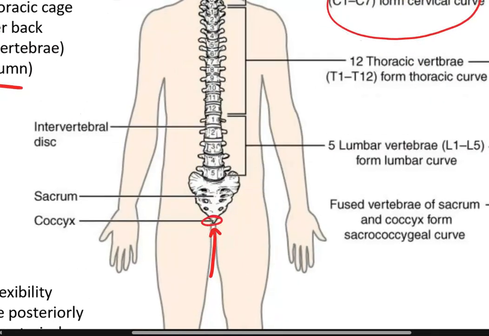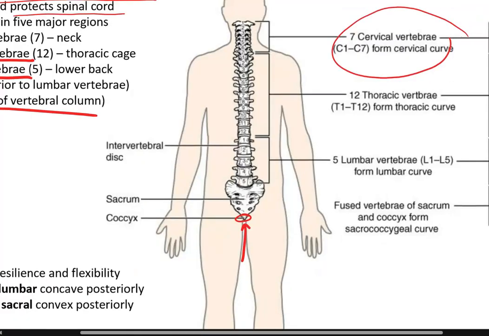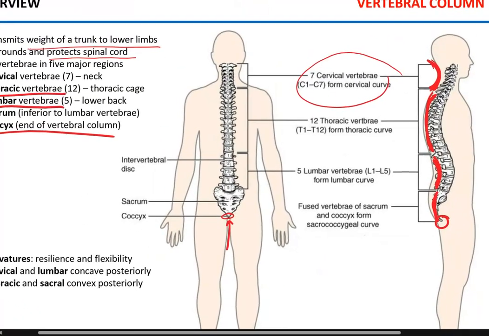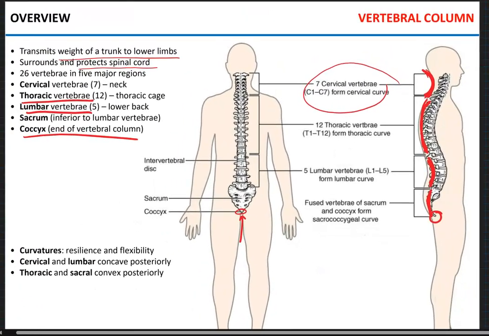The tailbone. Now if you look at the curvatures that I highlighted, you can see that I can pretty much draw a spinal column like this. Okay?